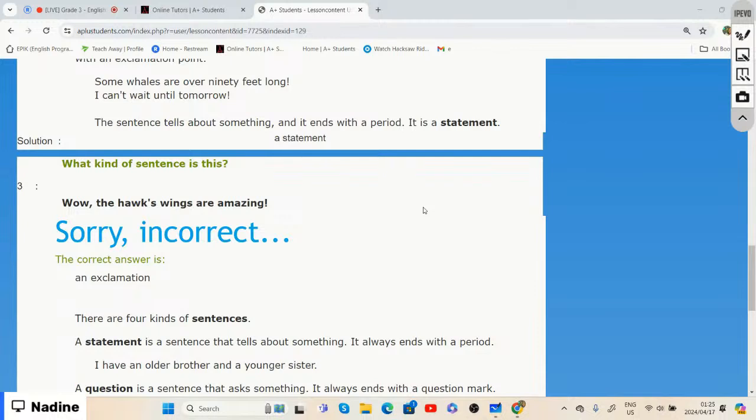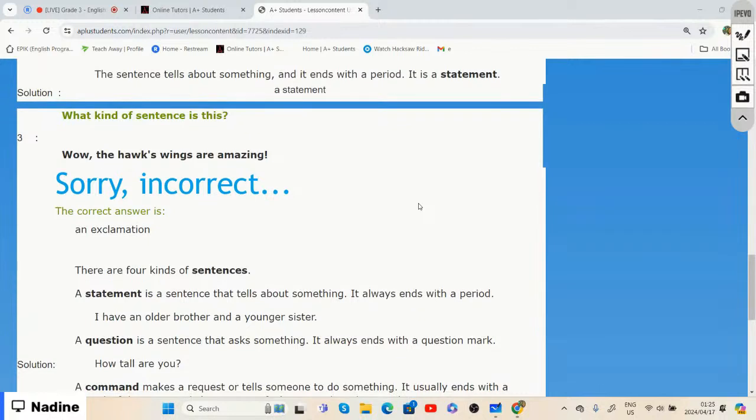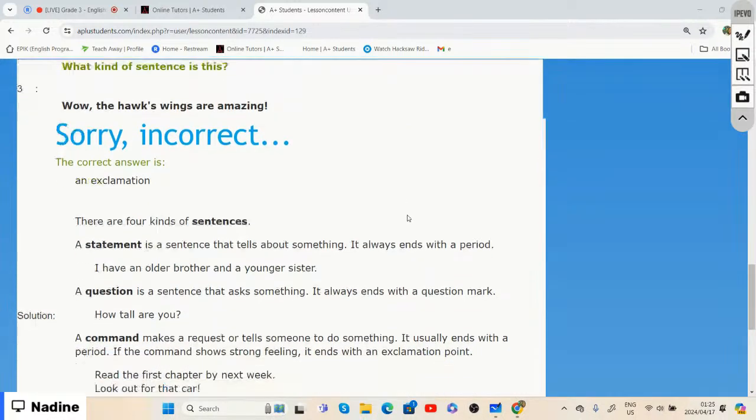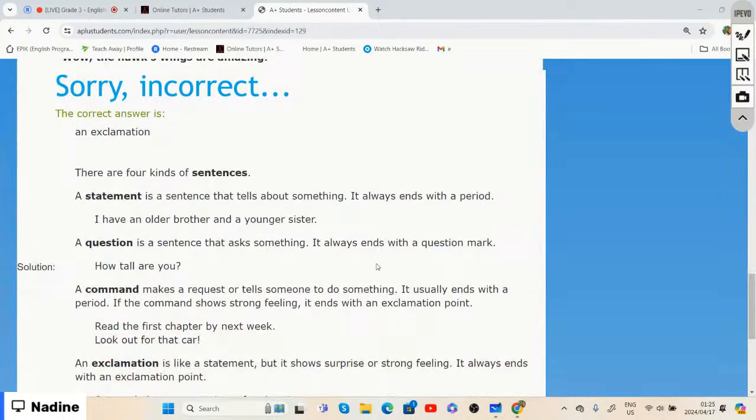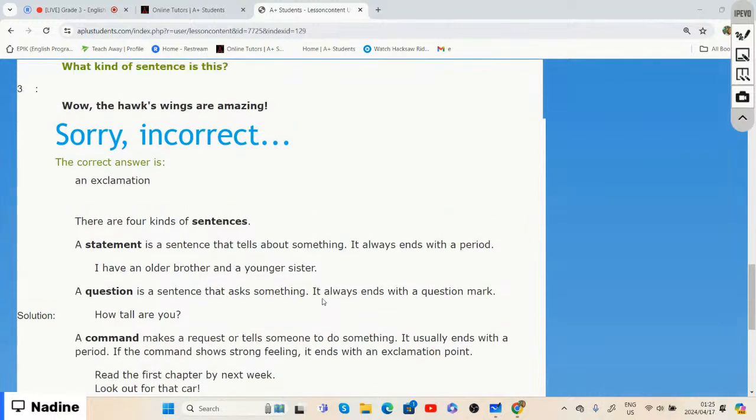So once again, we need to say what kind of sentence this is. Wow, the hawk's wings are amazing. We need to say, is it a statement, a question, a command, or is it an exclamation sentence?